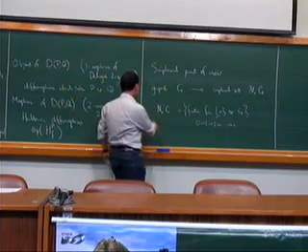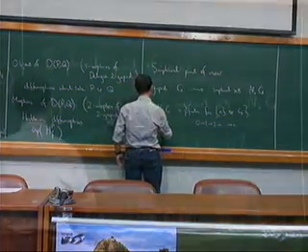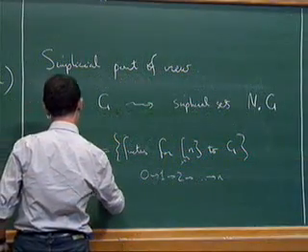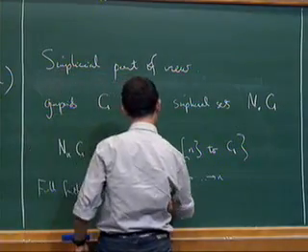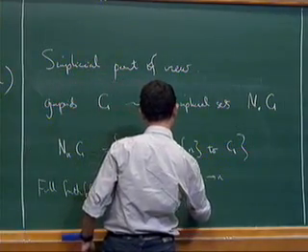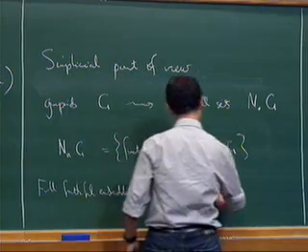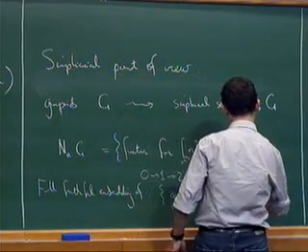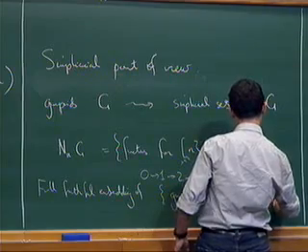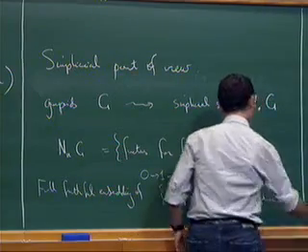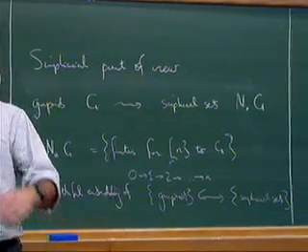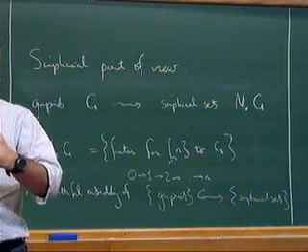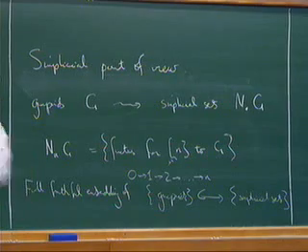So this gives a full, faithful embedding of groupoids, the category of groupoids, into simplicial sets. Full means that any simplicial map between nerves actually comes from a functor between groupoids.